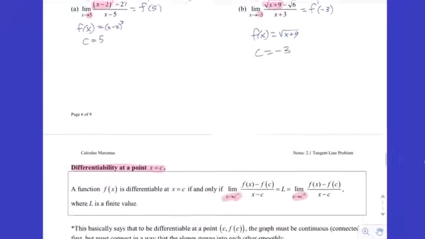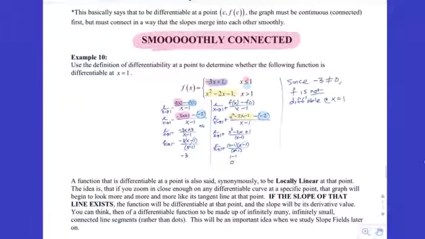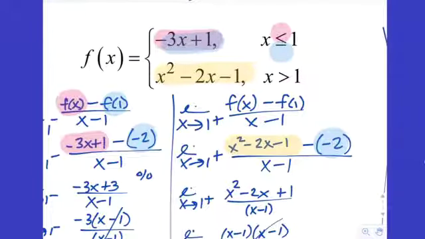Because the way we're going to test for differentiability in the future is this. We're going to first check to see if it's continuous, like we just did. If it's not continuous, it's game over, it's not differentiable. If it is continuous, I'm going to show you how to find a piecewise derivative very, very quickly by using shortcut rules without having to set up the limit.